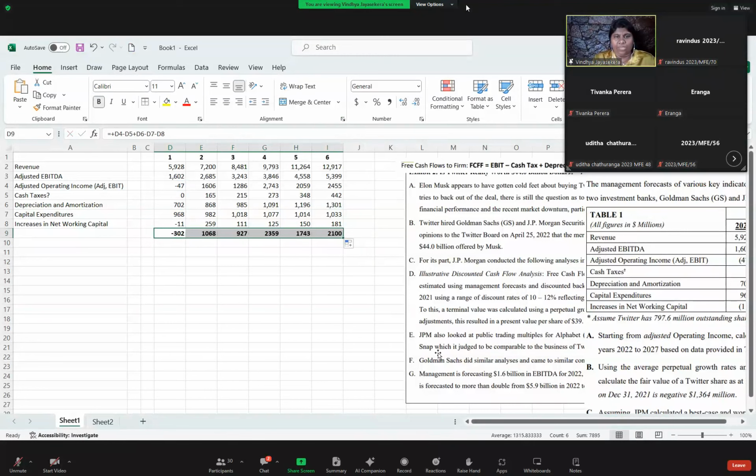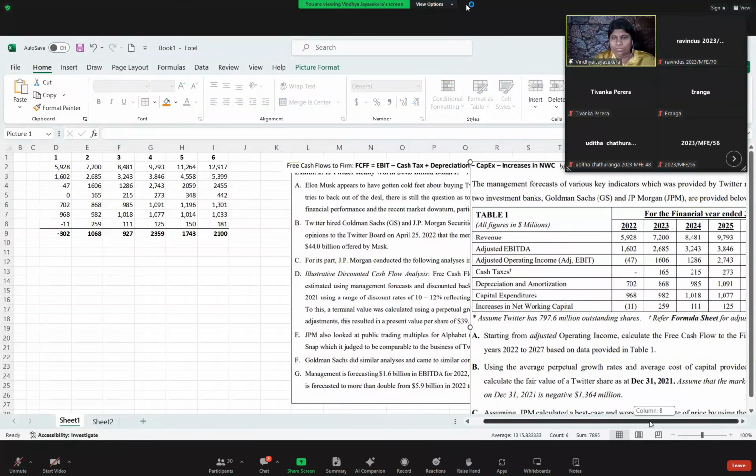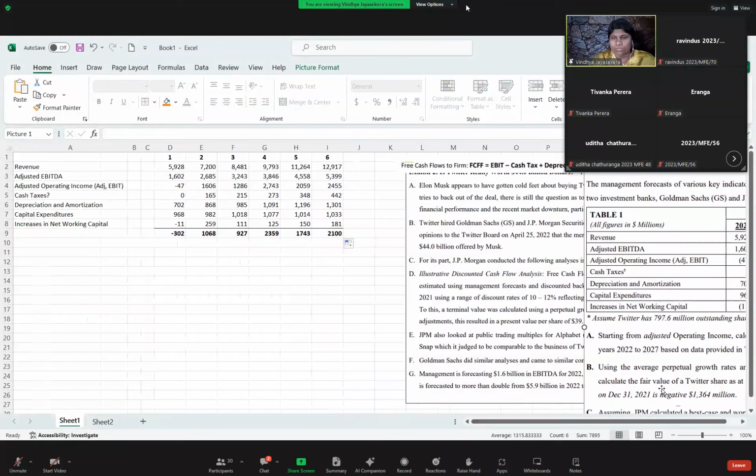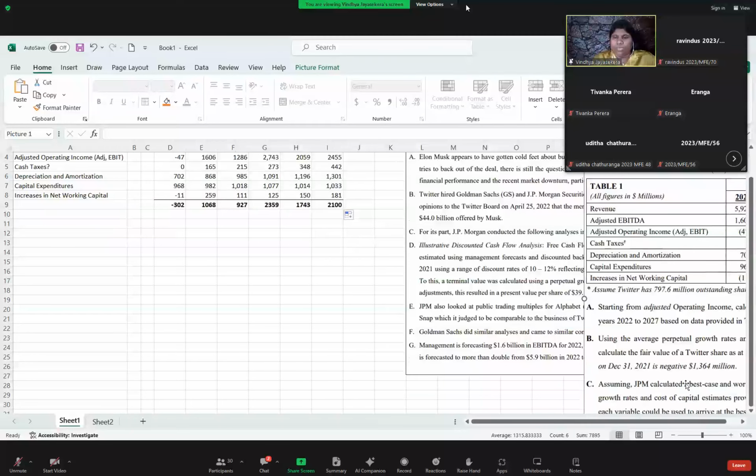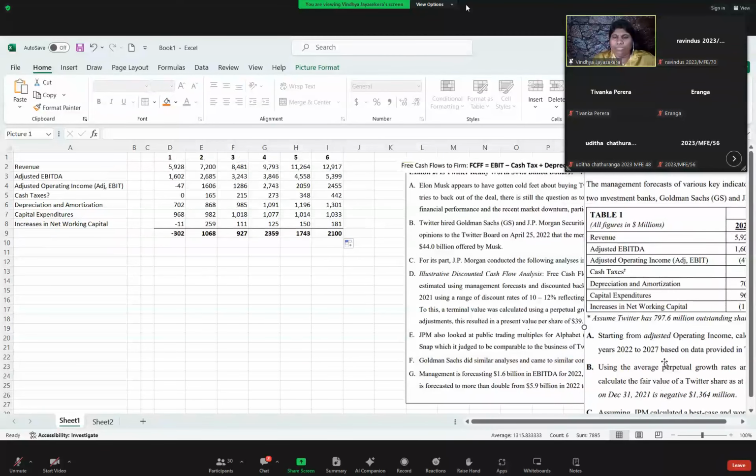Were these the values that we had earlier? Use adjusted EBITDA. No, why are you using adjusted EBITDA? That's question number E. For part B, you had to use the free cash flows to the firm.